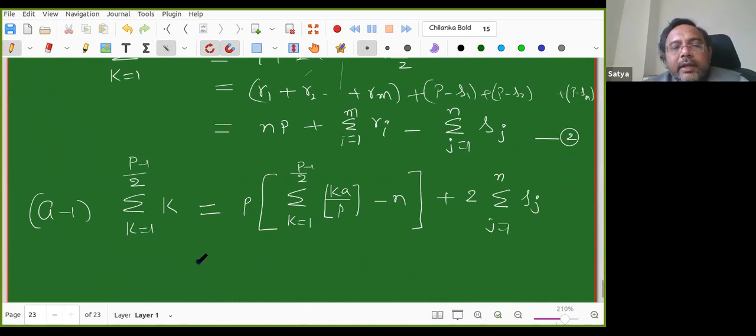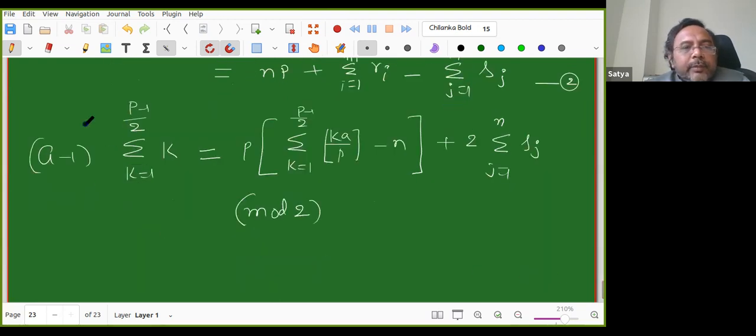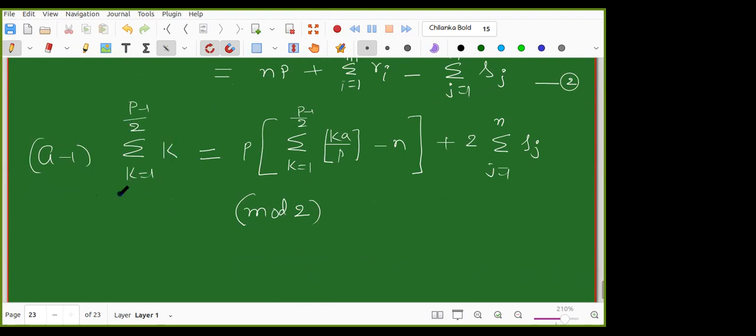Now the main thing is coming. What is P and what is a? P is an odd prime and a is also odd in Eisenstein's lemma. So now I am going to do modulo 2. When I do modulo 2, what is going to happen to this part? It will be 0.